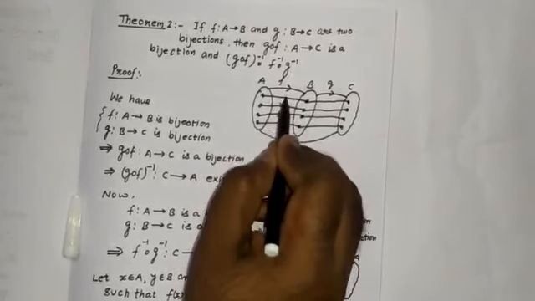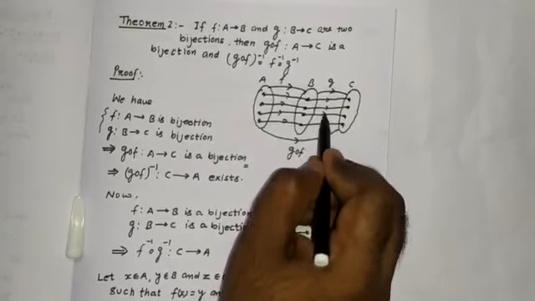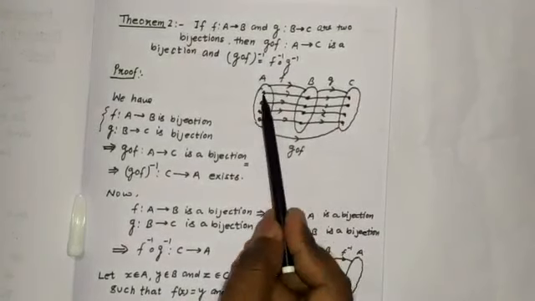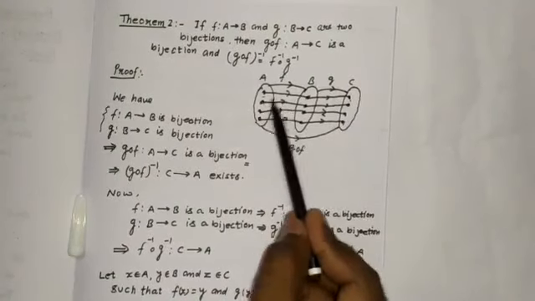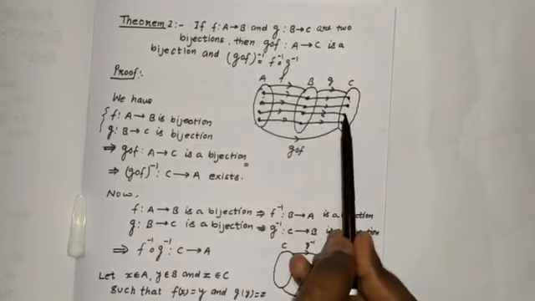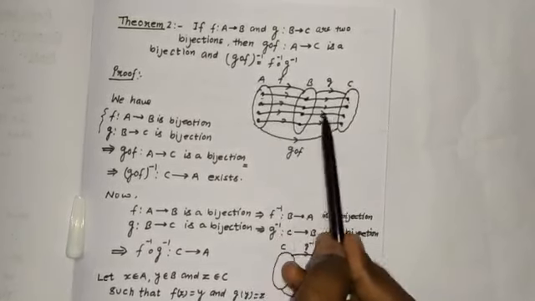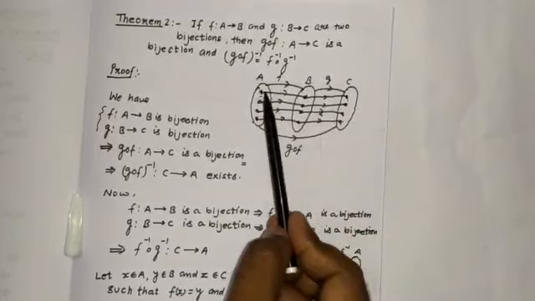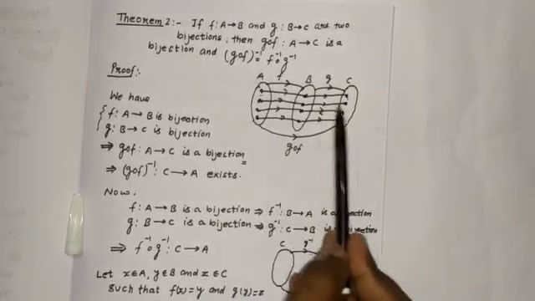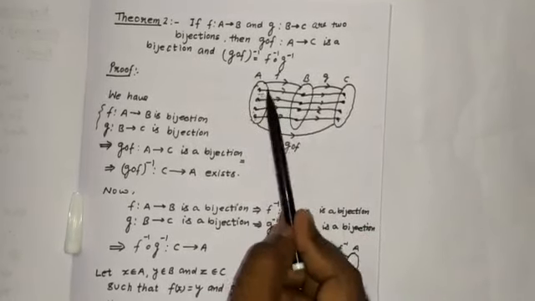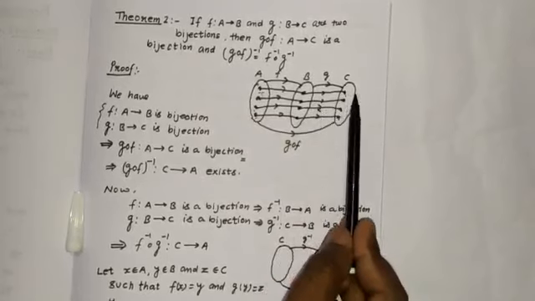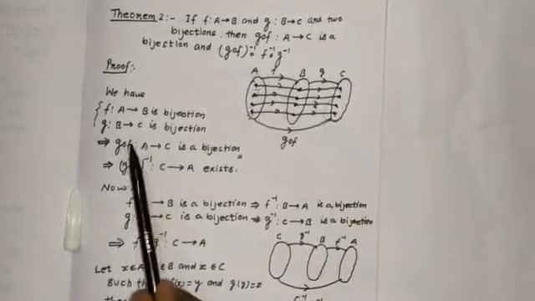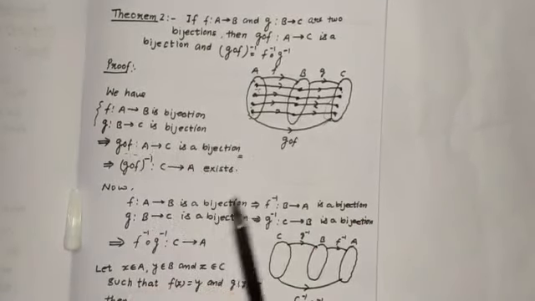Now see the composition from A to C: this element is associated to this element, this is associated to this element, and this element is associated to this element via these elements. It means this function from A to C is one-one because every distinct element has distinct images, and every element of this set is associated under this function from A to C. So g of f from A to C is also a bijective function.